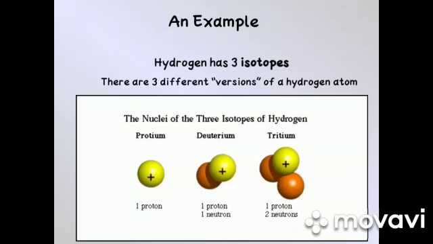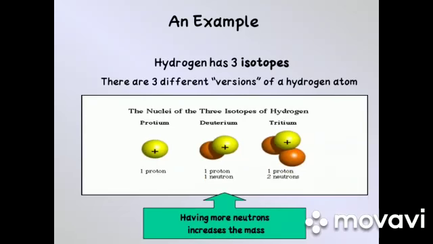Now let's take another example of hydrogen. Students, there are three isotopes of hydrogen. These are known as protium, deuterium and tritium. Protium has one proton, as you can see, and there is no neutron in the nucleus. Deuterium has one proton and one neutron in the nucleus, and tritium has one proton and two neutrons in the nucleus. So students, we can see the number of protons is same in all three isotopes of hydrogen, 1.